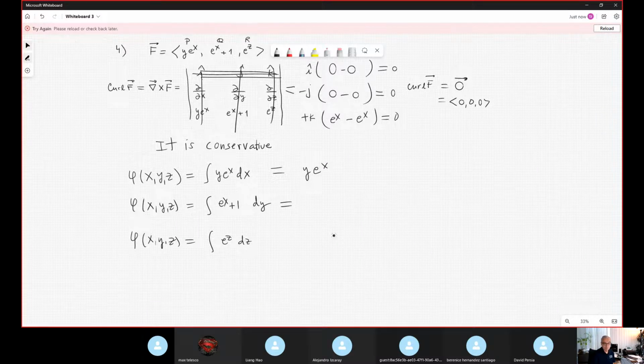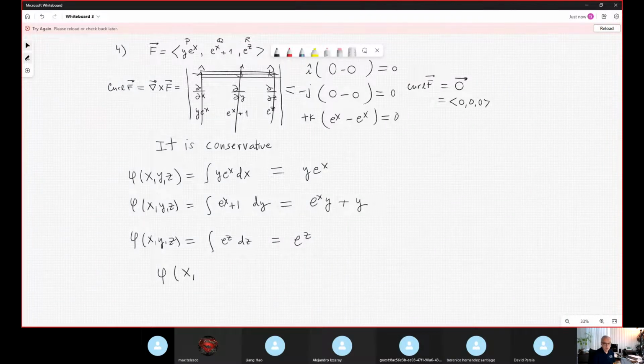Here, it's different because the antiderivative of e to the x with respect to y is e to the x times y, plus the antiderivative of 1, which is y. And this is e to the z. End of the story. So what is my potential function?